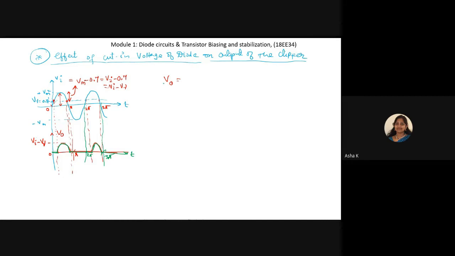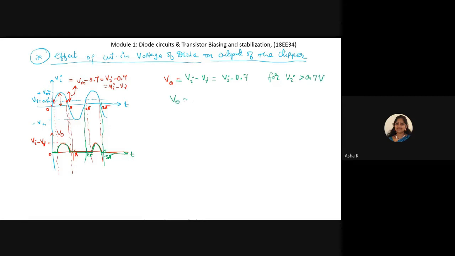After the input output waveform, I just wanted to write the equation of the output voltage. The V output voltage is equal to V input minus V knee voltage, that is nothing but V input minus 0.7 if it is a germanium diode. This is for the values of V input which are greater than 0.7 volts.